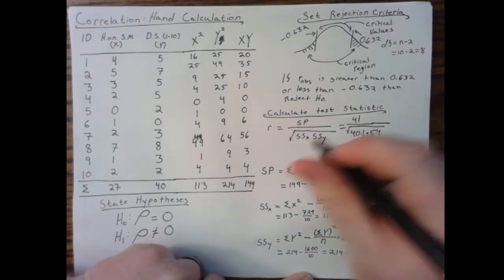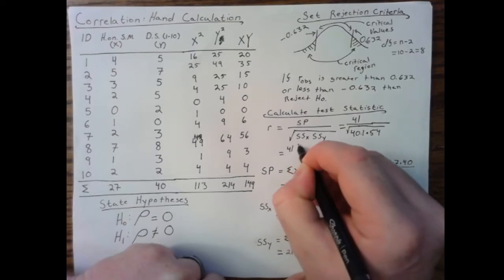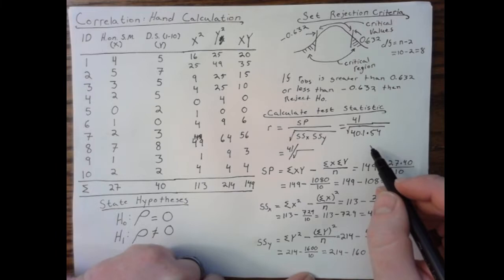So bringing this down here, we're going to have 41 divided by the square root of that product, which comes to 2,165.4.